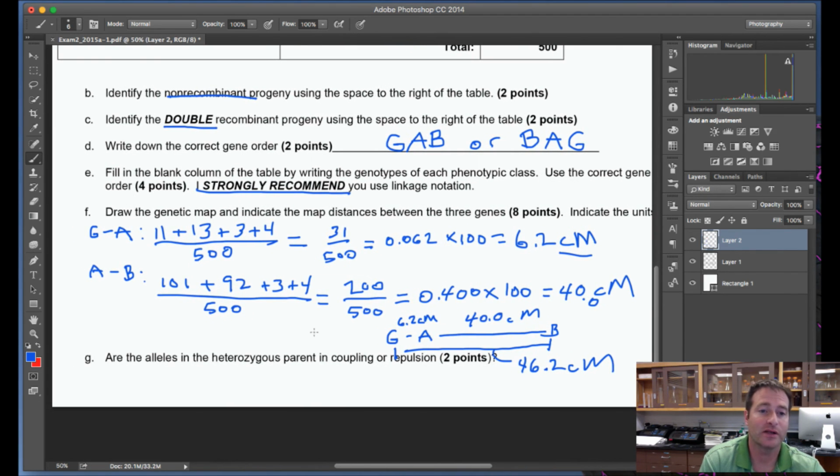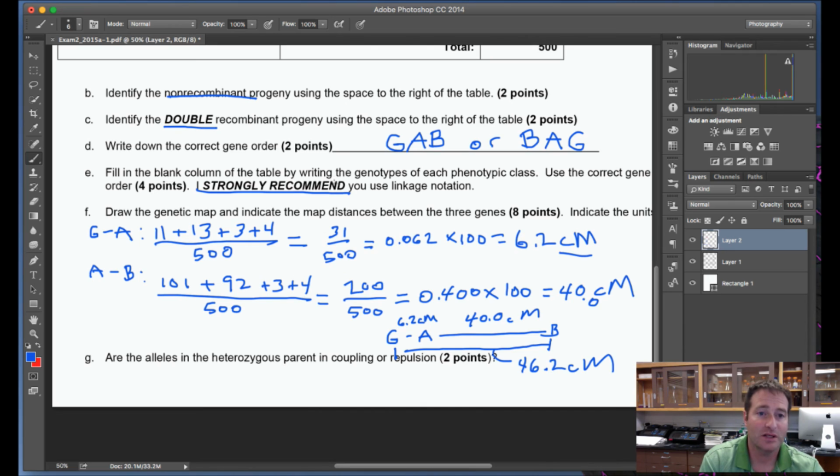The last one, I've got two choices here when I construct these questions. Rarely do I ask you both of these, but in this one I'm asking, are the alleles in the heterozygous parent in coupling or repulsion? Now if you recall, coupling means that all of the wild-type alleles are on the same chromosome. Repulsion means that there's a mix of wild-type and mutant alleles on the same chromosome.